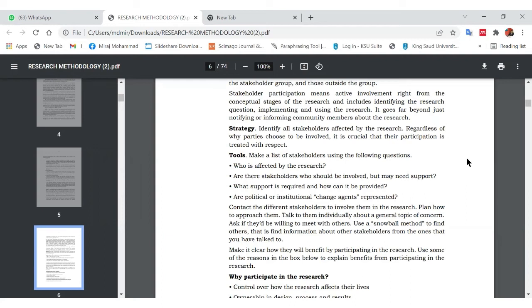So how can you see a change in society? What I mean to say is, yes, you have to empower the women, but at the same time you have to also create a dialogue with the male community so that they can understand this importance. They should be ready to bargain the power equation and give a little bit of relaxation so that women can make a decision, and it can be beneficial for the overall family and for the overall society. This is how the change agents are represented. Is it clear?